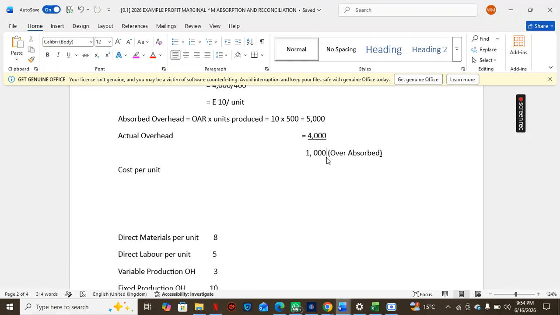When I get a positive value, I've over absorbed, I've overestimated. If I get a negative value, I've under absorbed. So we've determined we've over absorbed the overheads by 1,000 euros. Any questions before I move to step 3?